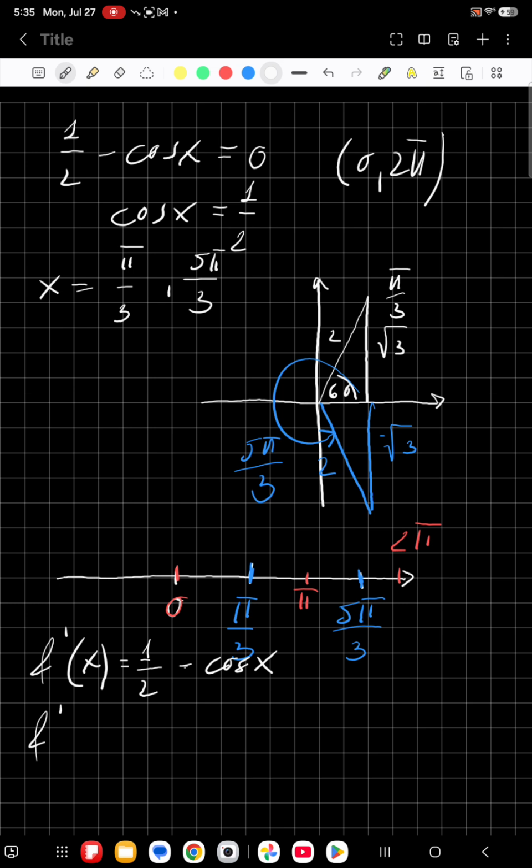Okay, so f prime of 0. What I'm doing, just to remind you, is plugging in those testing numbers, the red ones. If I take the blue ones, these critical numbers, and plug them here, I would get 0.